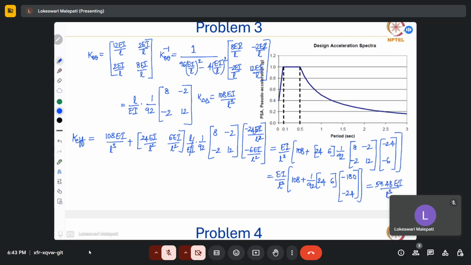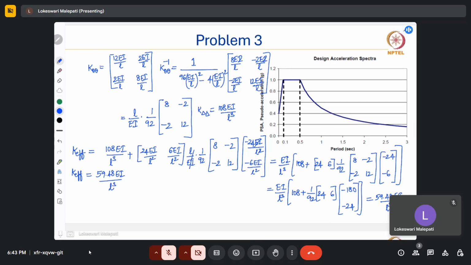So this is the effective stiffness for this horizontal frame. So K effective is equal to 59.48 EI by L cube.